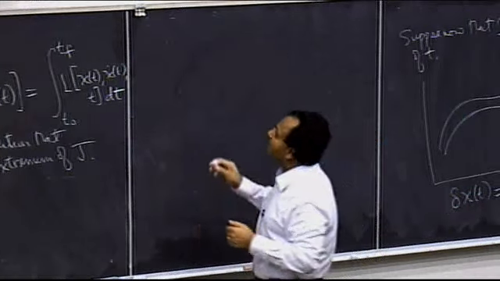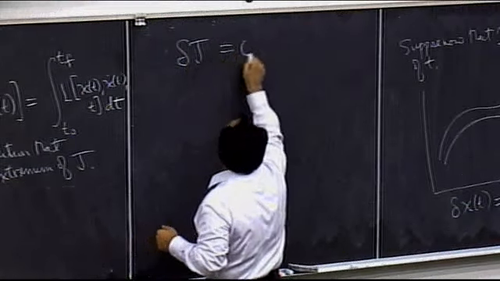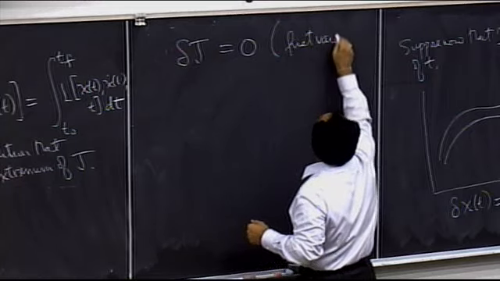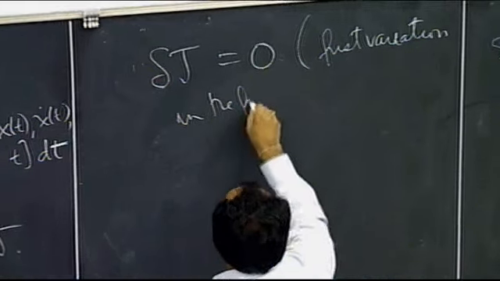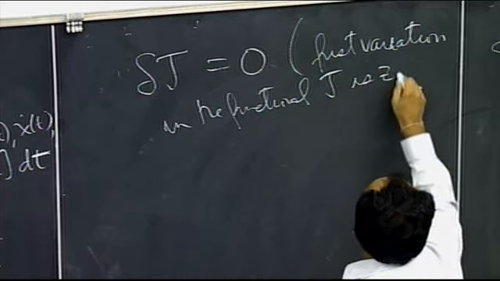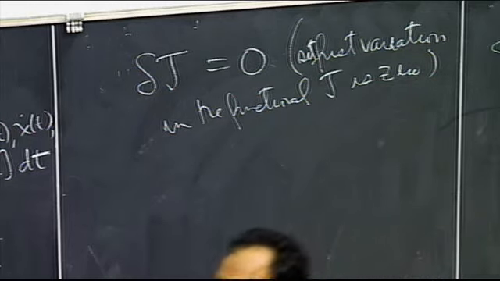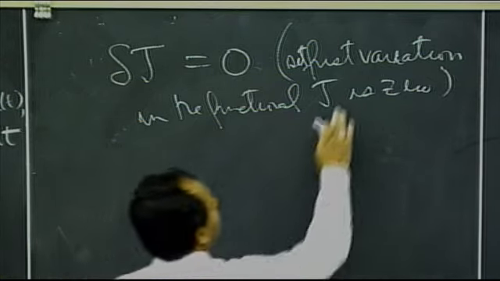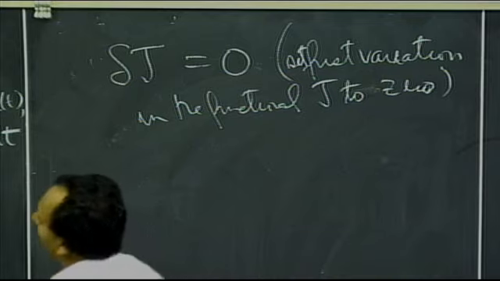In this case, we want to set the first variation in the functional j equal to 0. You could say set the first variation in the functional j to 0. So how are we going to do this variation?